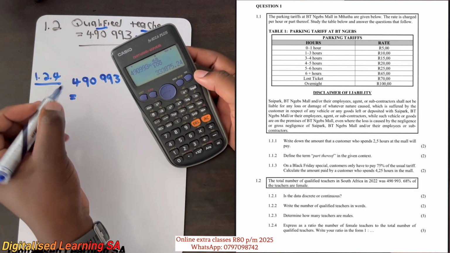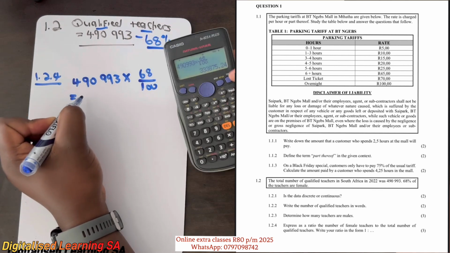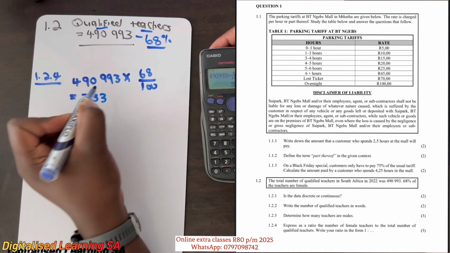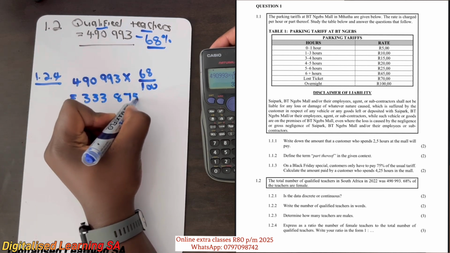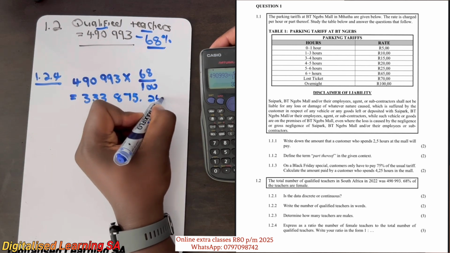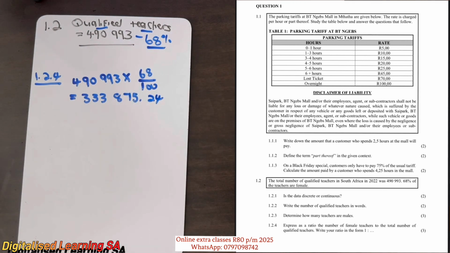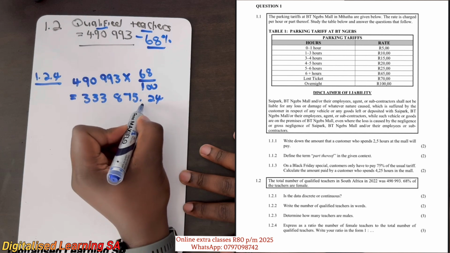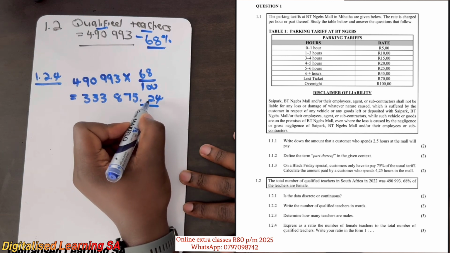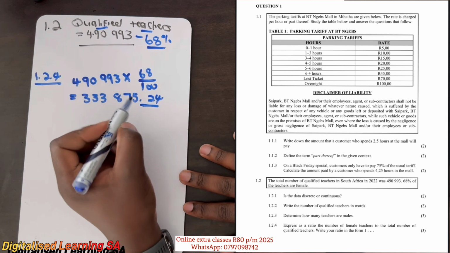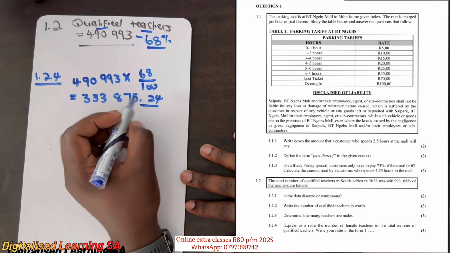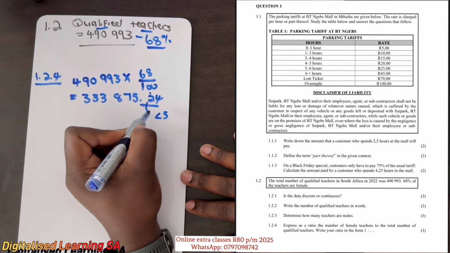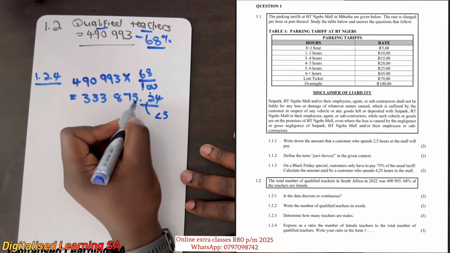And our answer will be 333,875.24. Again, guys, remember that our answer needs to be a whole number, meaning that we need to take away this .24. So in this case, to do that, we need to round it off. And if we see this number here, we can see that it is less than 5, meaning that this 5 will remain the same.